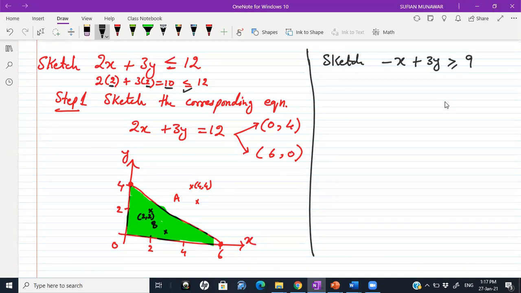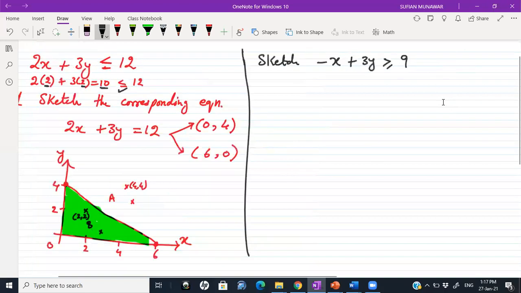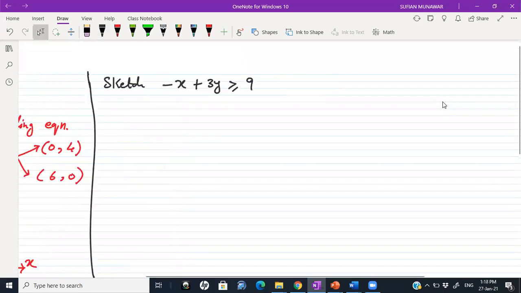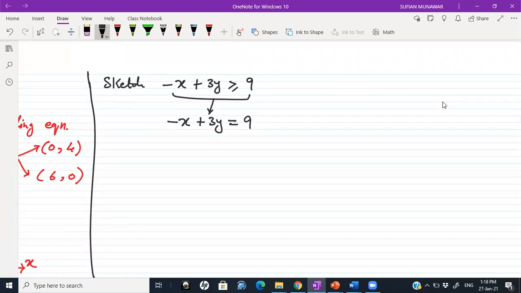First of all, I will do step one. Step one is to convert this inequality into an equation: x plus 3y equal to 9. So I converted this inequality into an equation.